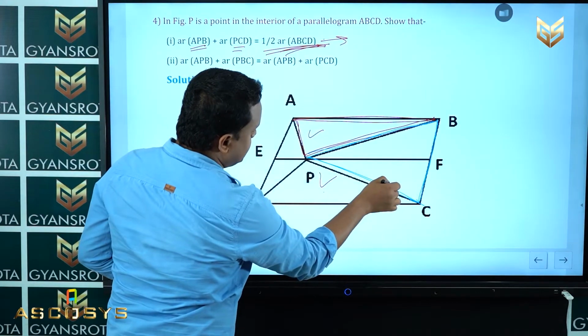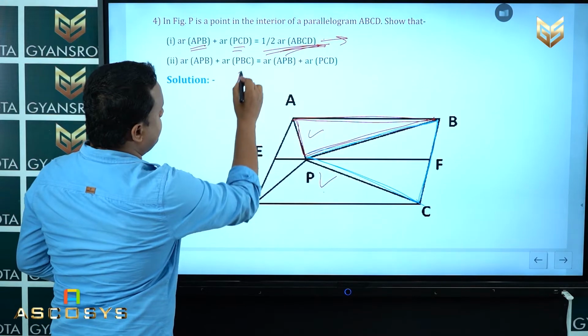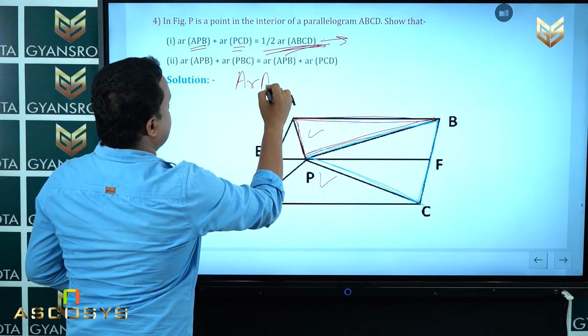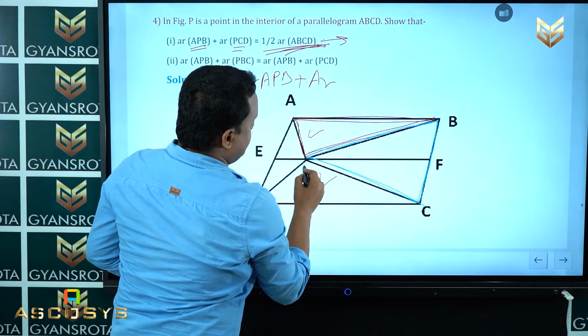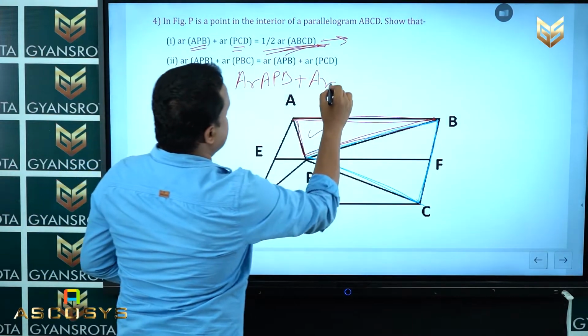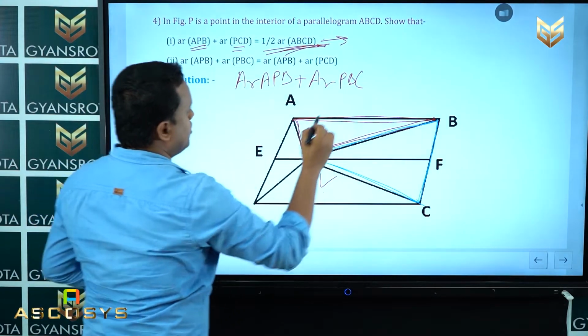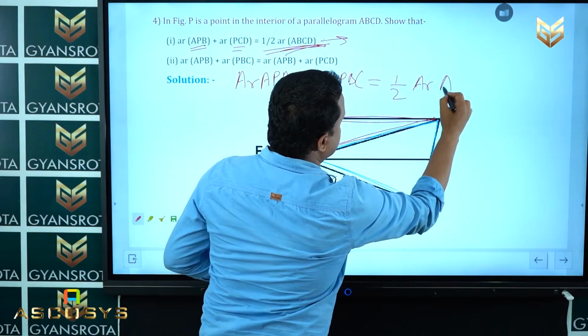So we can write that area of APB plus area of PBC equals half of area of ABCD.